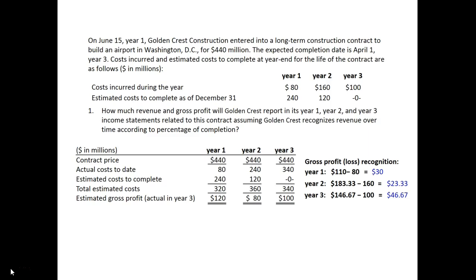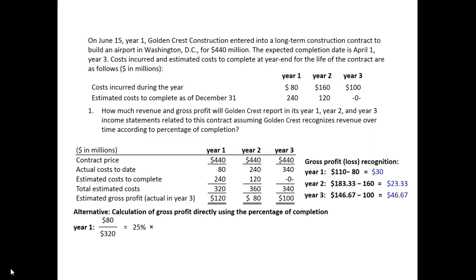So now we are looking at the revenues and gross profits and looking at the income statements related to the contract, assuming Golden Crest recognizes revenues over time. So we can use the percentage of completion method showing $30 million.